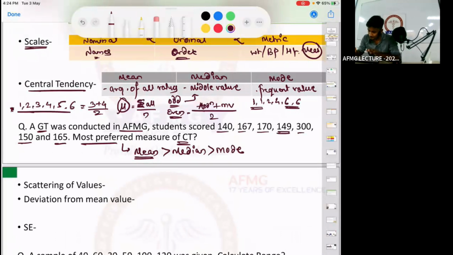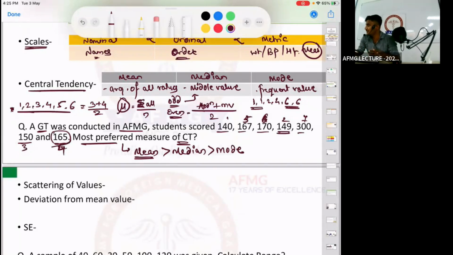Just 1, 2, 3, 4, 5, 6, and last is 7. So the middle value would be the fourth value, that is 165. So it would be your median.